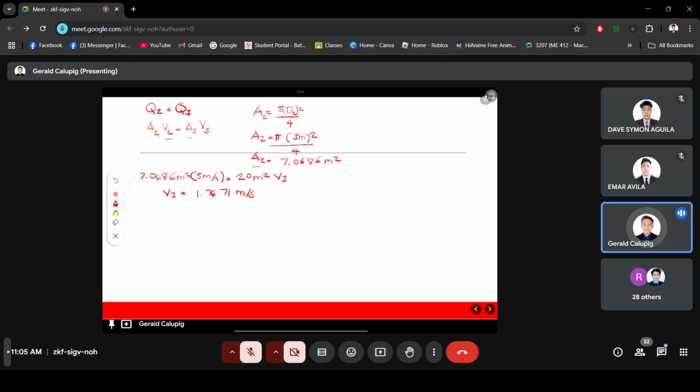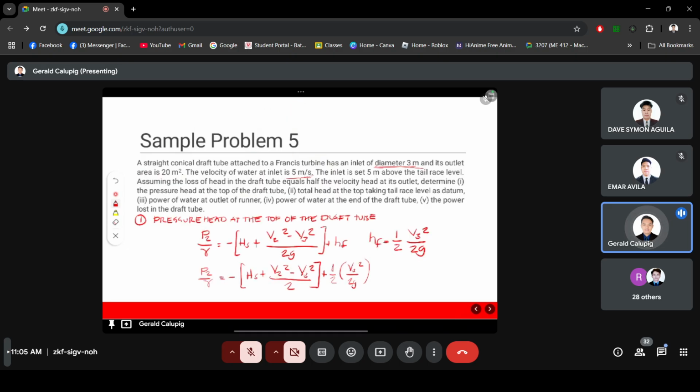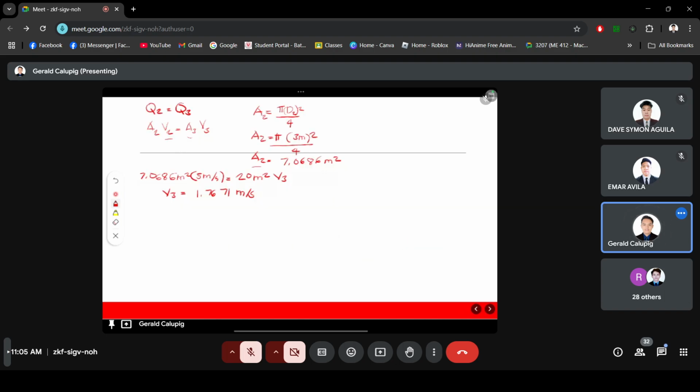Since we already have the values, we can substitute them to our pressure head at point 2.